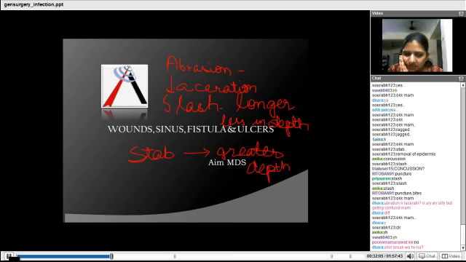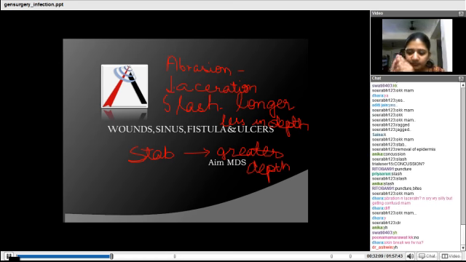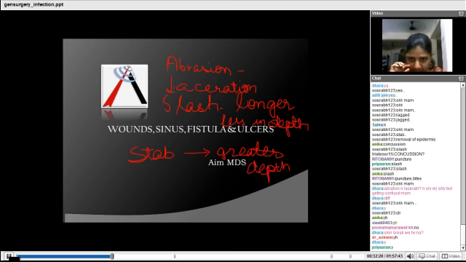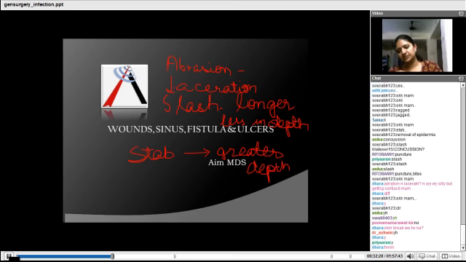A laceration is something where there is going to be a break in the continuity of the skin. Both abrasion and laceration will be restricted to the skin portion itself. When you go to slash and stab, you're going to the underlying connective tissue, into the muscle and all that. But when we talk about these two conditions, we restrict ourselves only to skin.